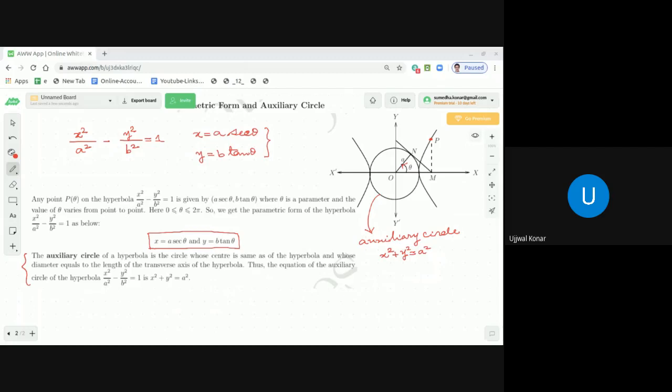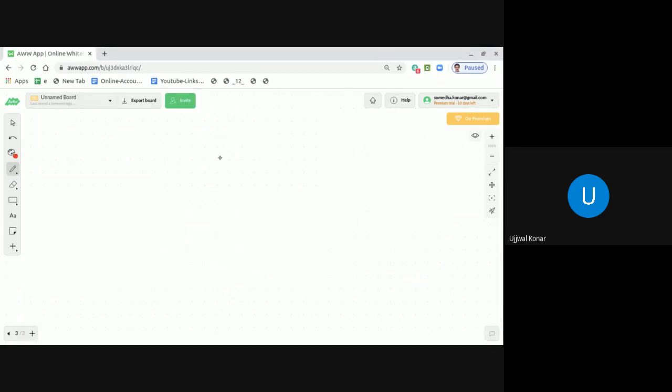At any point of time, if you have any smallest clarification, never hesitate to ask me. Before starting the discussion on the focal distance, let me bring the relevant diagram, and after that I will explain.